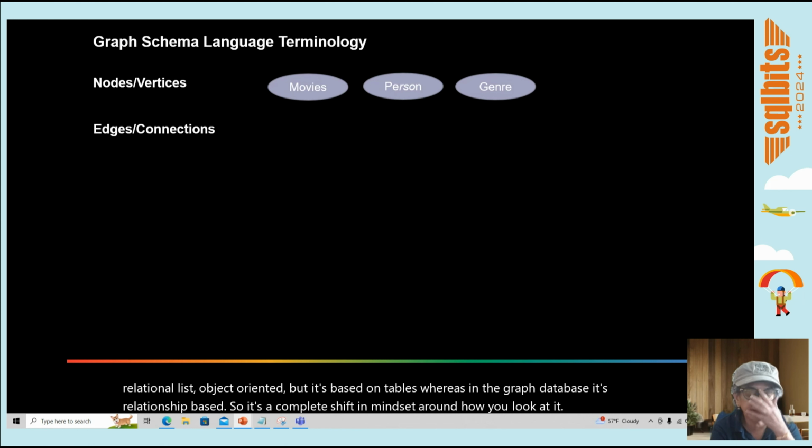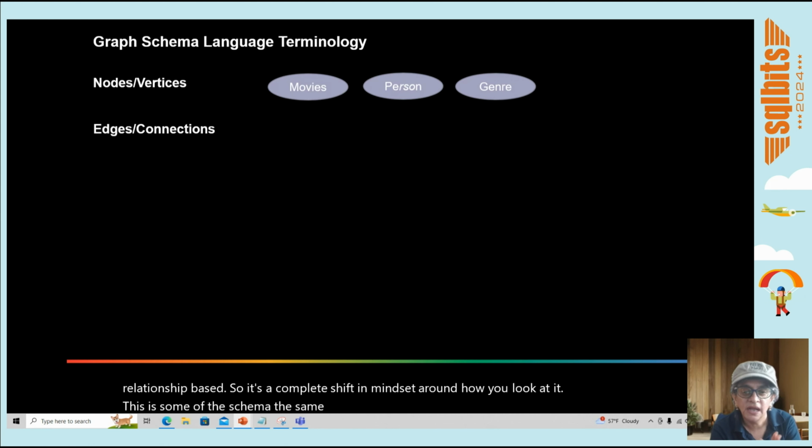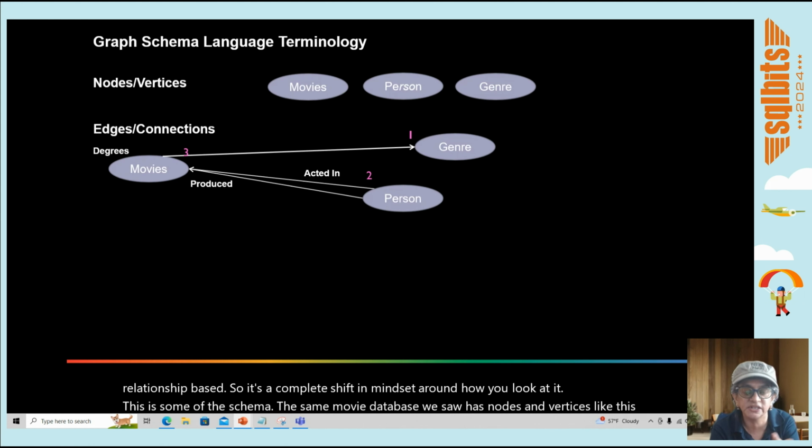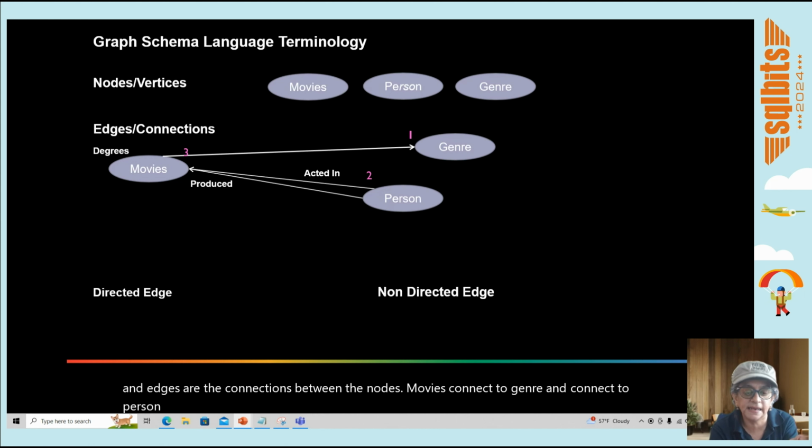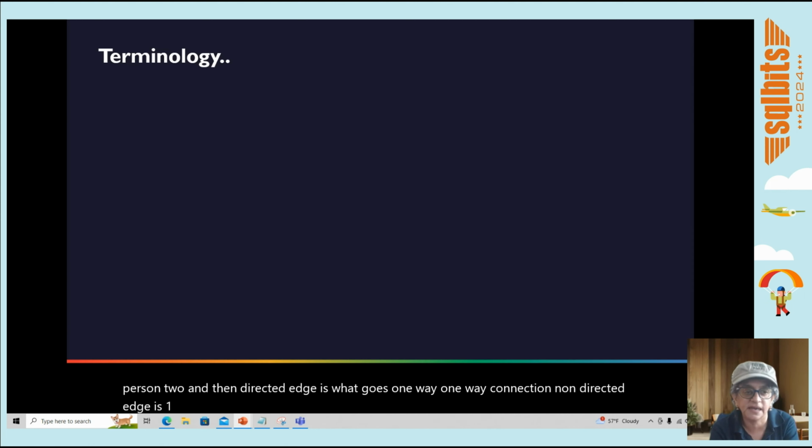This is some of the schema. The same movie database we saw has nodes and vertices like this, and the edges are the connections between the nodes. Movies connect to genre and connect to person too. And then a directed edge is what goes one way. A non-directed edge is one that does not have that direction.